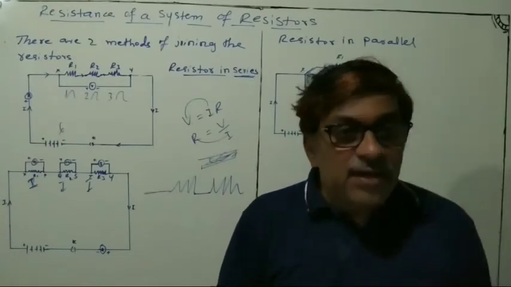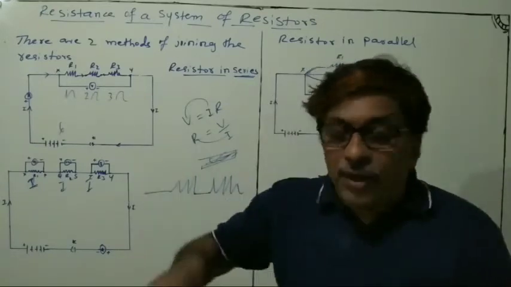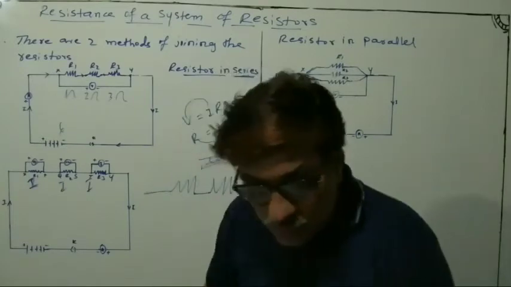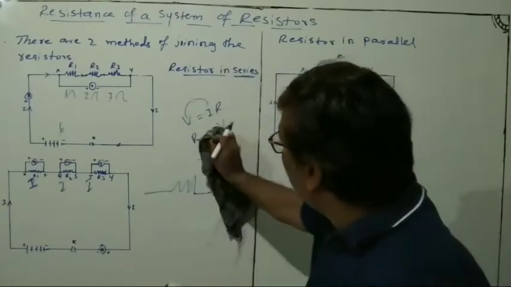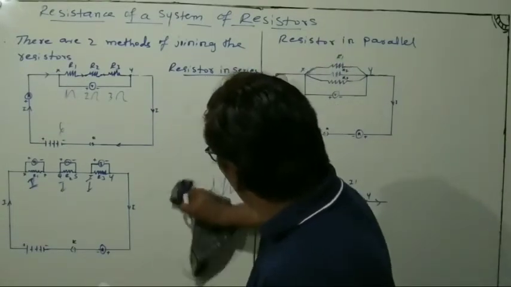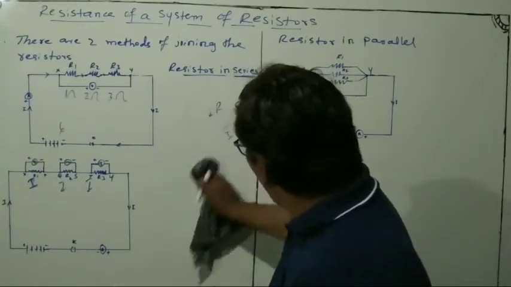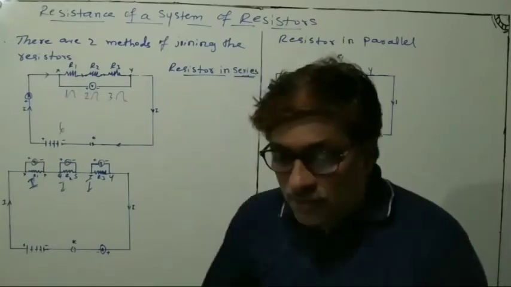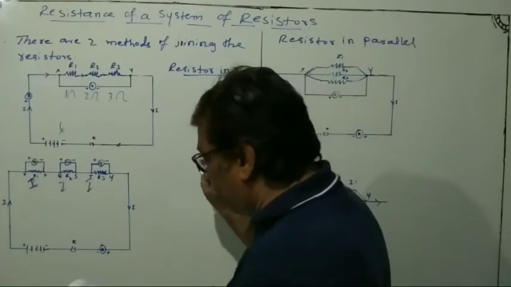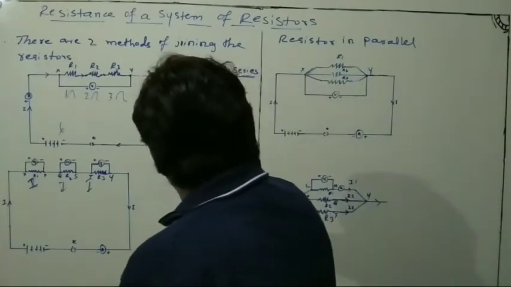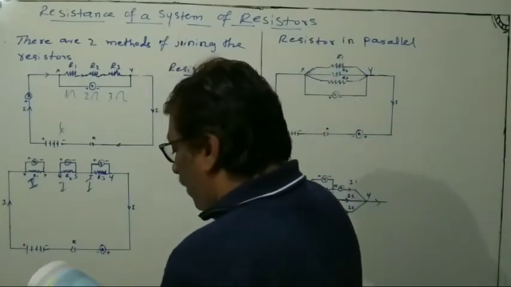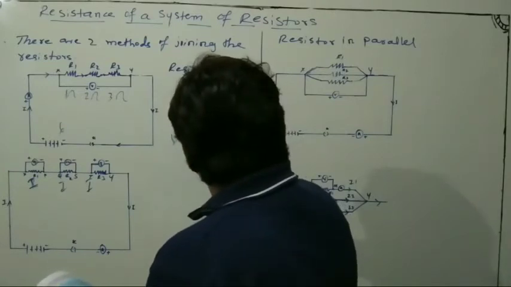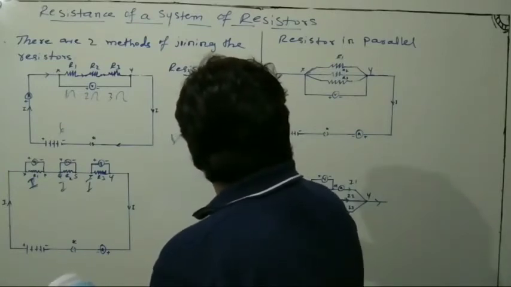Here one formula you have to learn: V is equal to IR. This formula you have to use here, dear students. Here V is equal to V1 plus V2 plus V3.